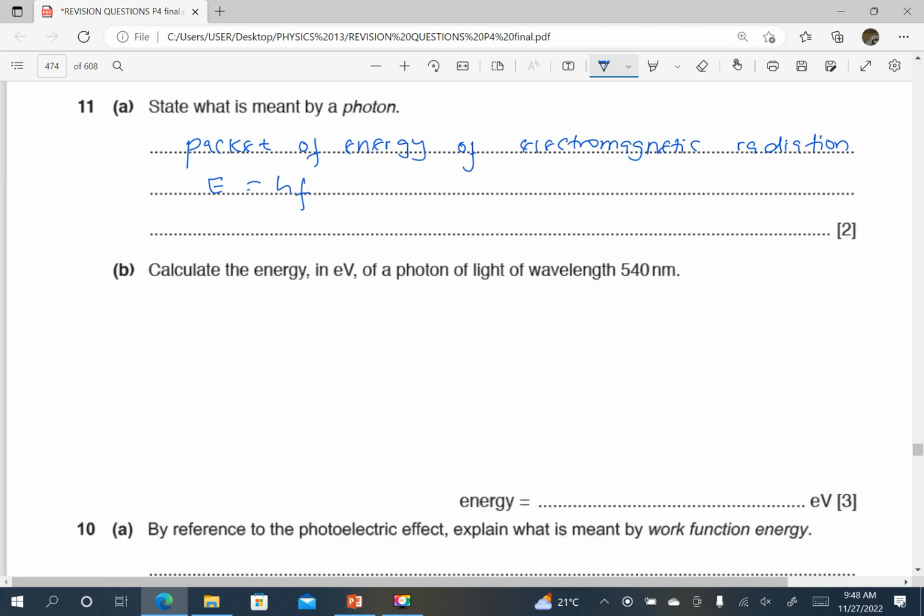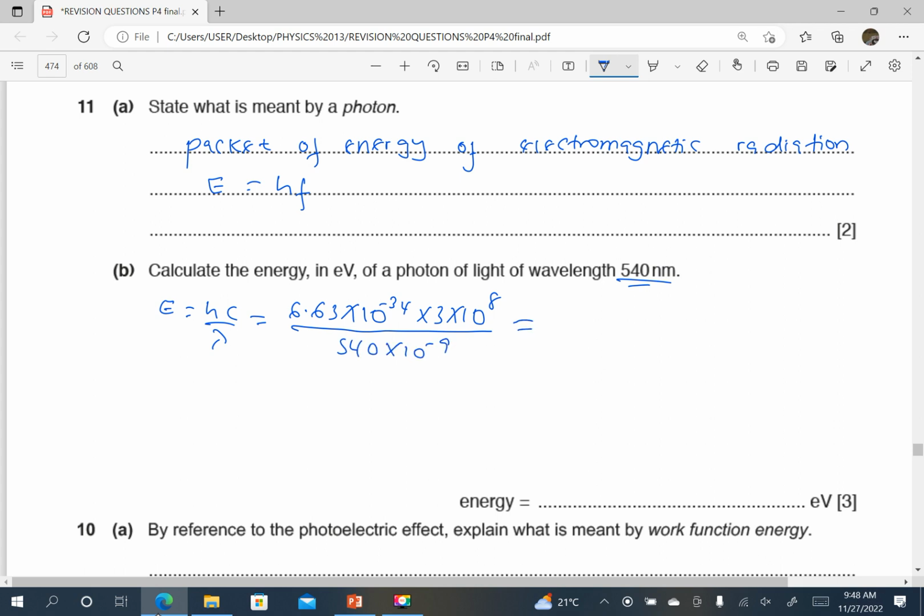Calculate the energy in electron volts of a photon of light of that wavelength. So we know energy is H C over lambda. So this is going to be 6.63 times 10 power negative 34 times 3 times 10 power 8 divided by 540 times 10 power negative 9. So I'm pressing my calculator.